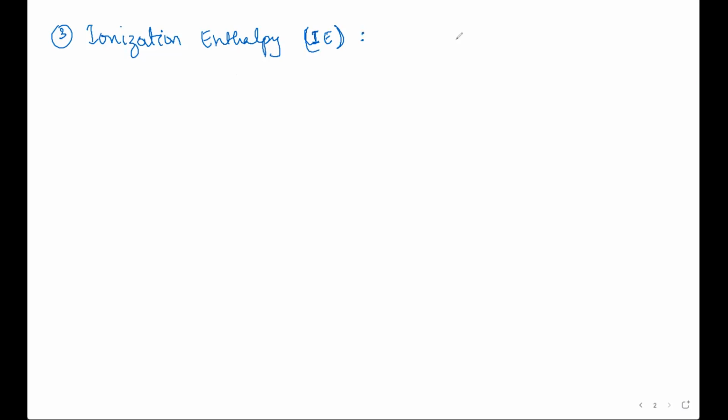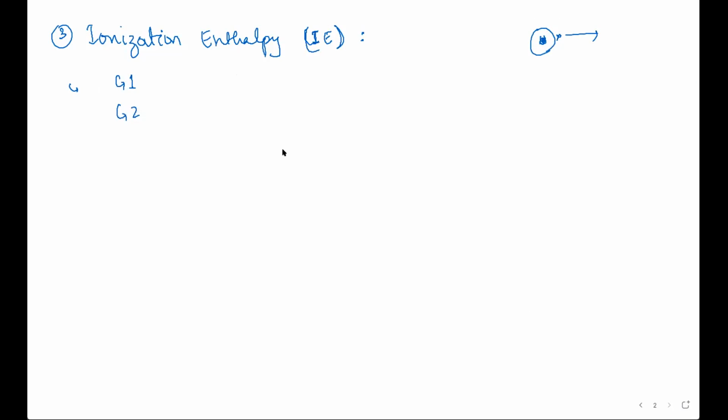So if we've got the nucleus over here, this is the energy required to remove an electron from a neutral gaseous atom. So what can you say about the ionization enthalpy trend for group 1 and group 2 individually?